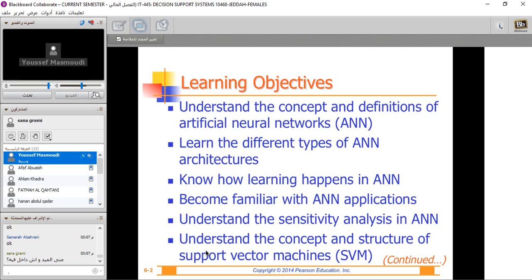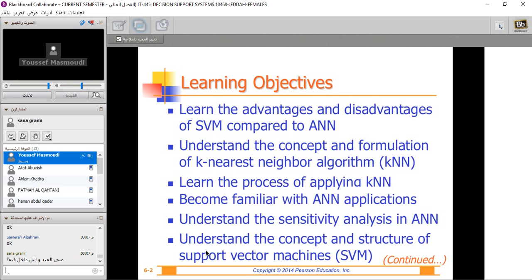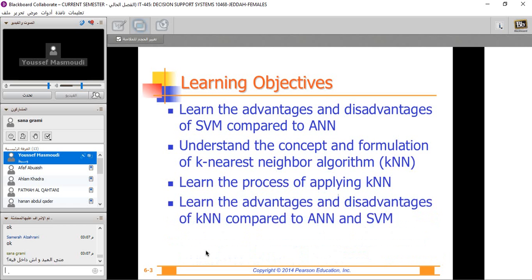Understand the concept and structure of support vector machines, SVM, which is another algorithm very well used in decision support, and more specifically in classification problems. Learn the advantages and disadvantages of support vector machine compared to artificial neural network.